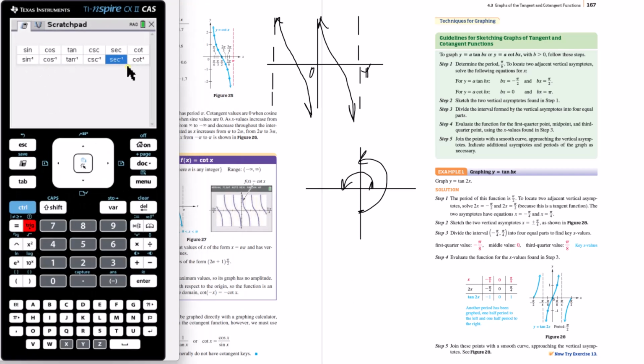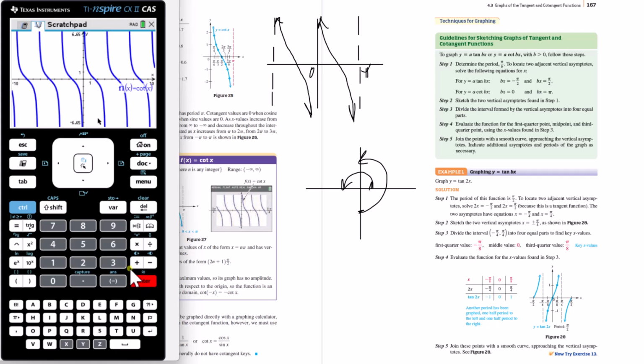I've got all the trig functions here. I can put this directly in, so there you go. There's cotangent.